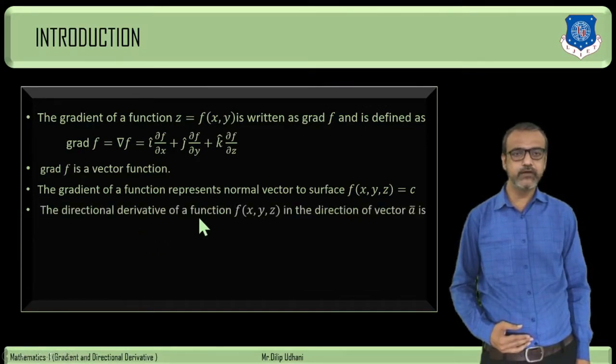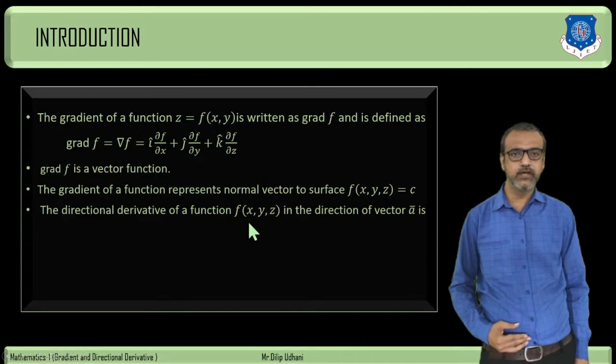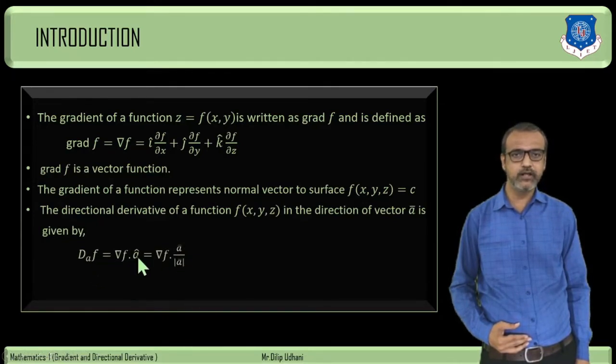The directional derivative of a function f of x, y, z in the direction of vector a bar is given by D_a f, that is equal to nabla f dot a cap. Nabla f will be as it is, and a cap is a unit vector. So how will we define a unit vector?